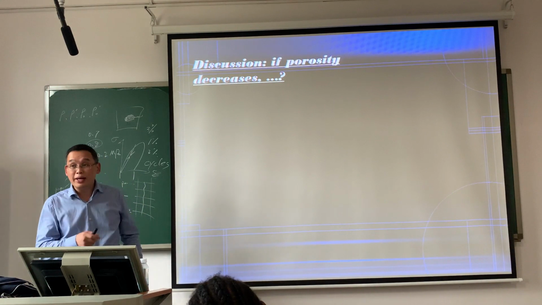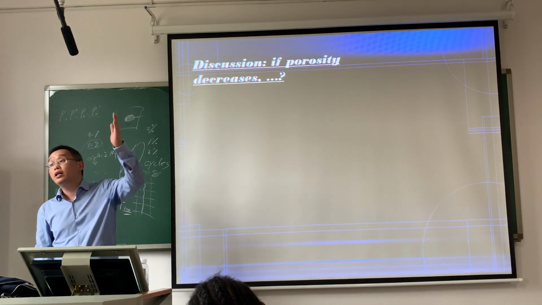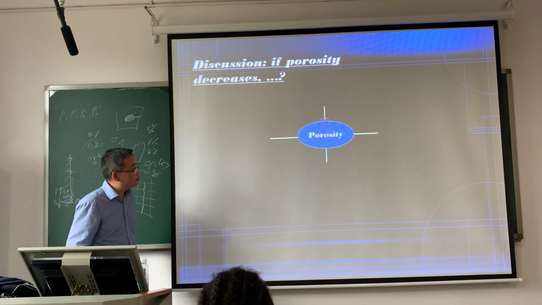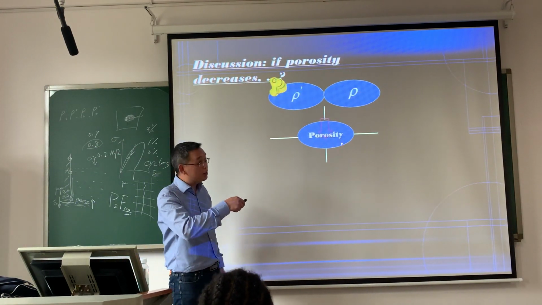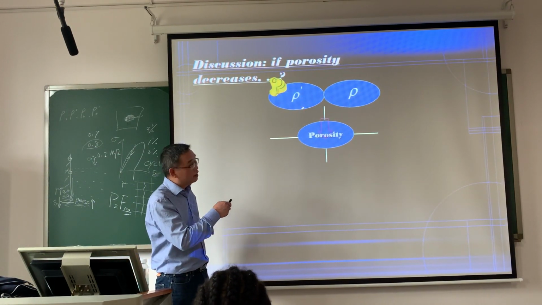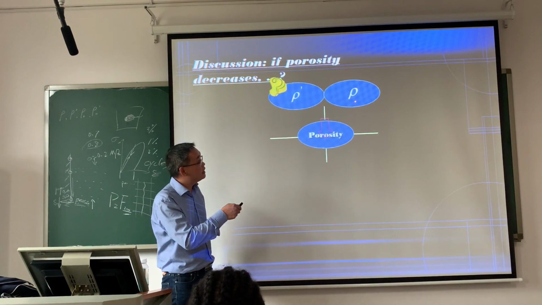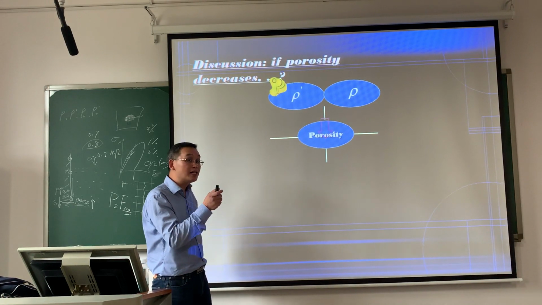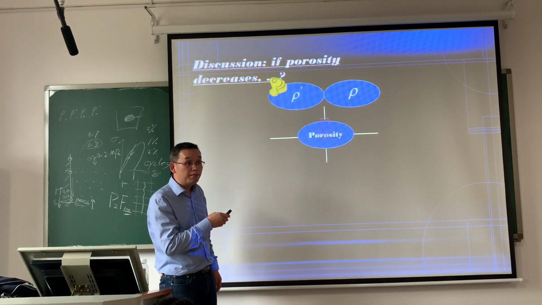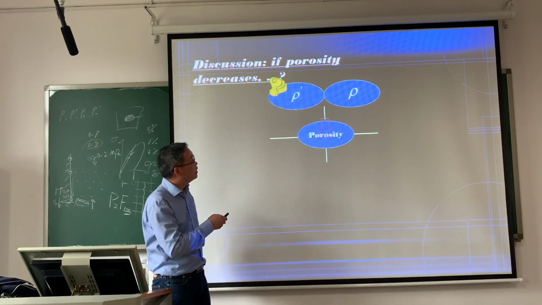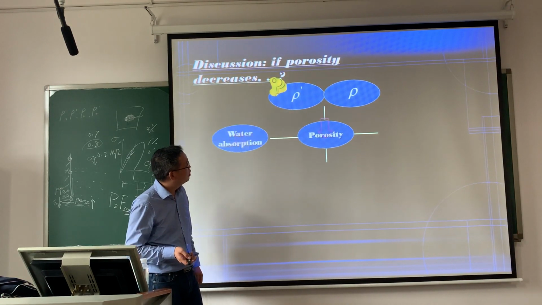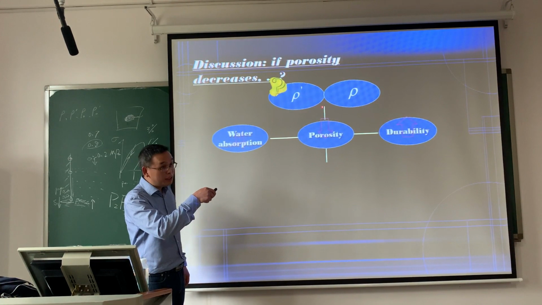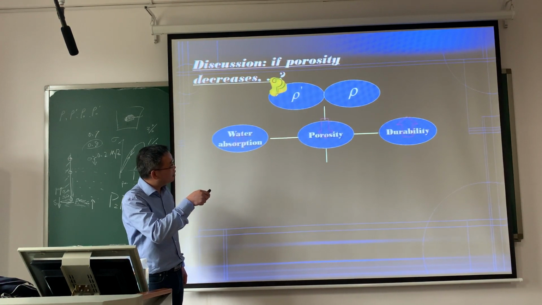If the porosity decreases, the density increases. This is the apparent density, and another one is the bulk density. The density will increase.